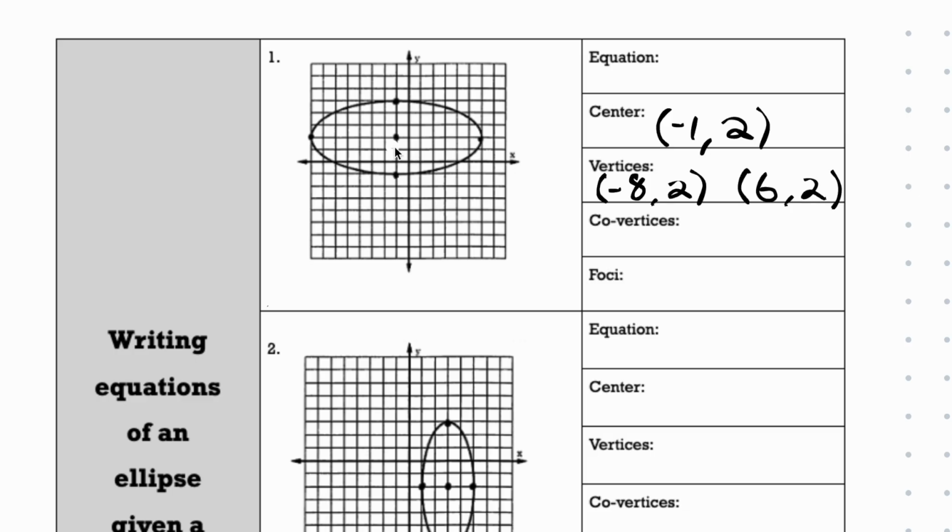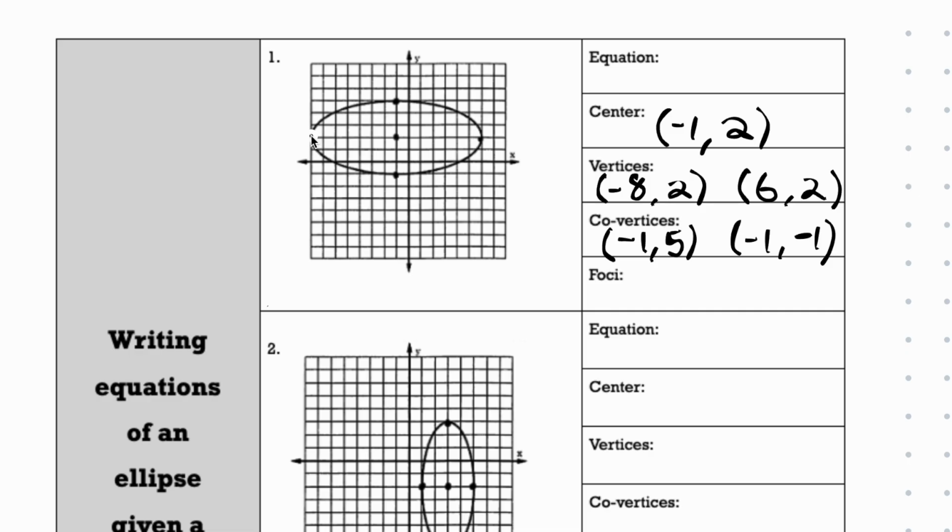Our co-vertices are going to be going up and down. Here seems to be -1, 5. And -1, -1. Our foci, we can determine by doing c squared equals a squared minus b squared.